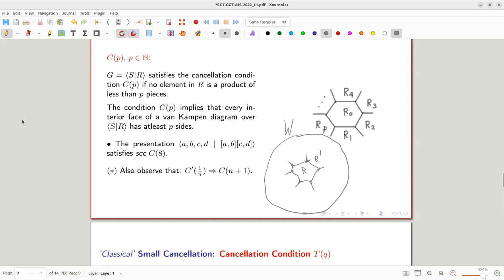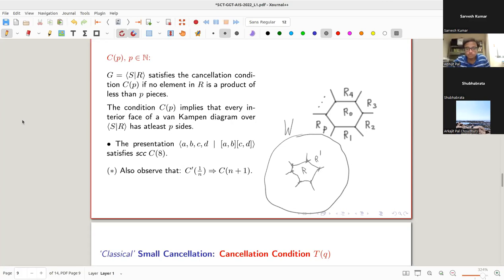So pictorially, this is what it means, that if I have a diagram like this, a Van Kampen diagram, which has this interior face. Interior means it's not bordering the boundary of this diagram. If I call it M, then this delta M is P by our notation, right? So P is the boundary level, and so f of P is W, right?